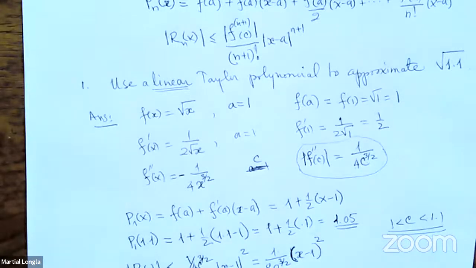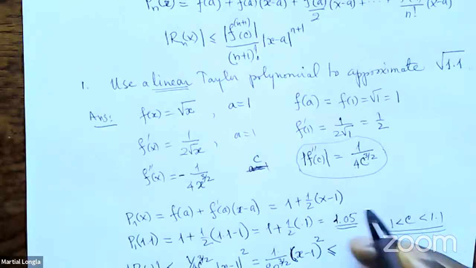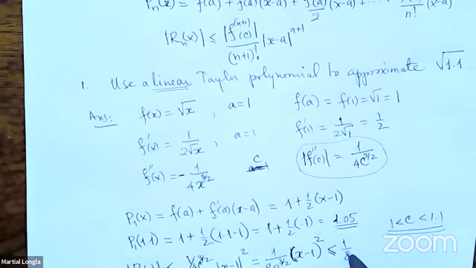Therefore, the largest value of this here is going to be at c equal 1. So we can plug in c equal 1 here, and we'll have the largest value of it. So this thing is less than or equal to 1/8 times x minus 1 squared, with now x equal 1.1.